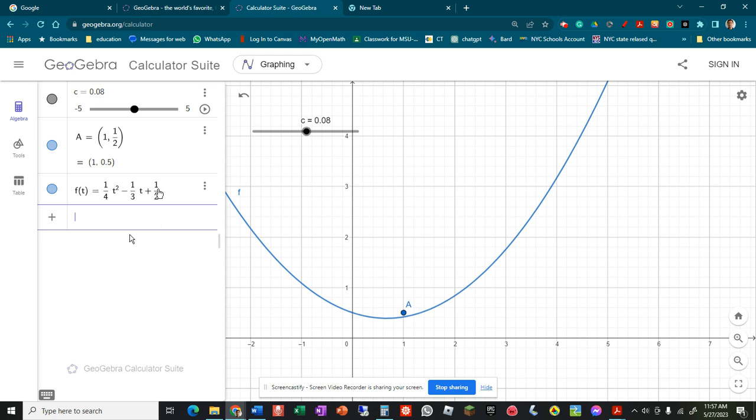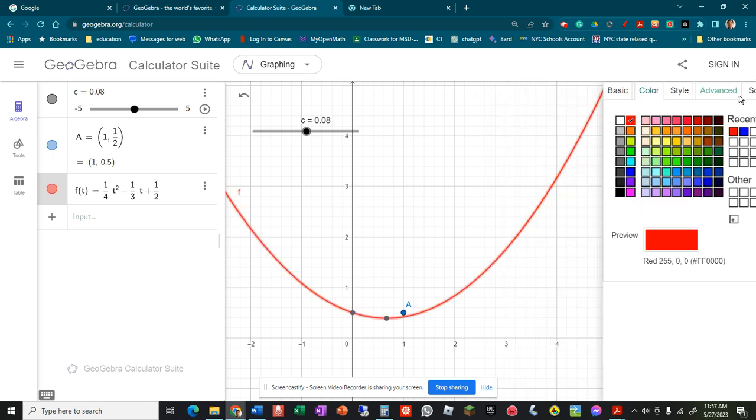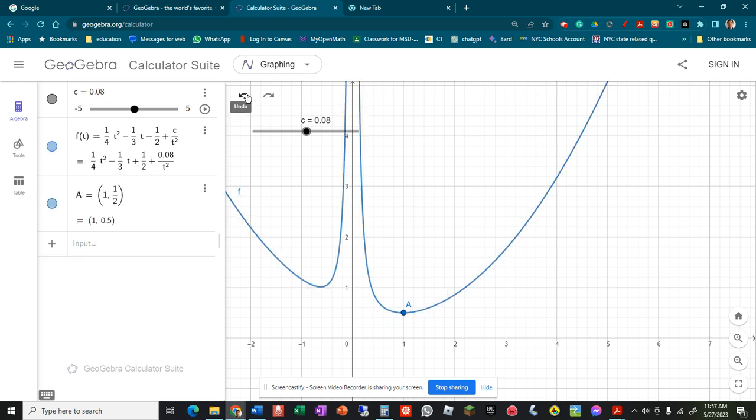Let me change the color. So the original function is gone. Actually, let me go back. Let's try one more time. Let's call it g of t, and then I'm going to forget that part over here.